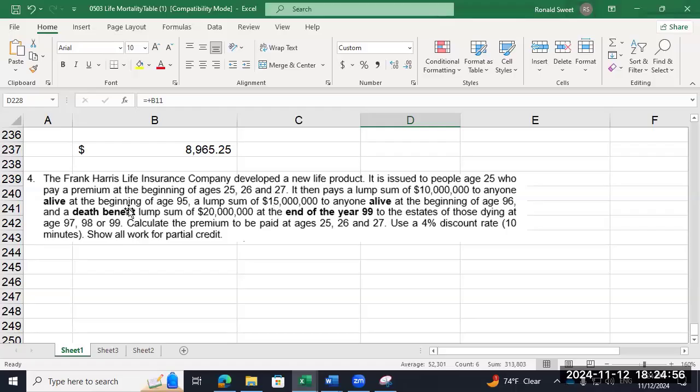All right. So you're going to pay people $10 million if they're alive at 95, $15 million if alive at 96, and a death benefit at the end of 99.